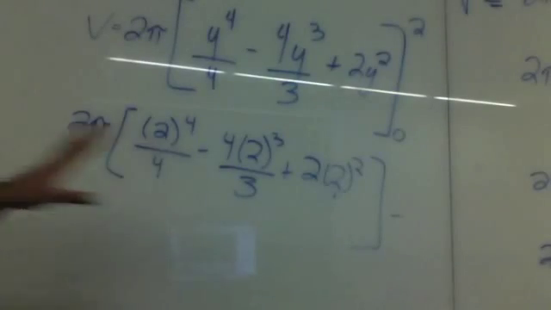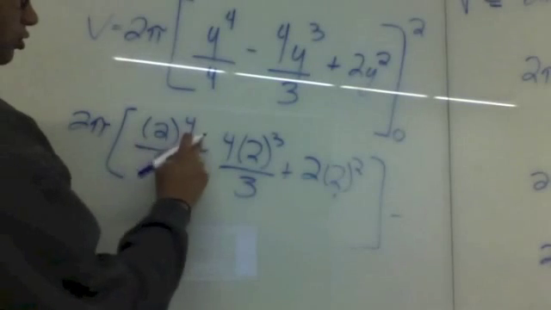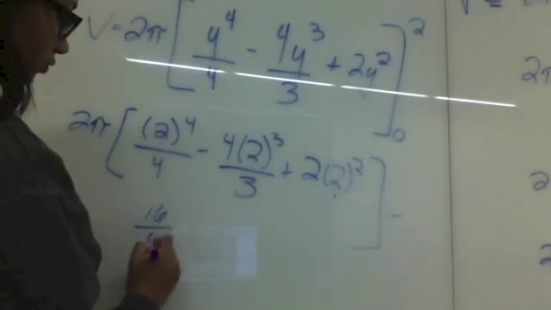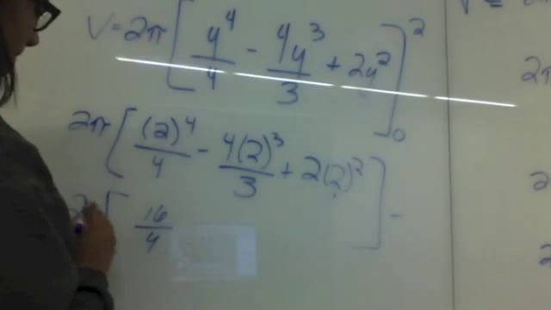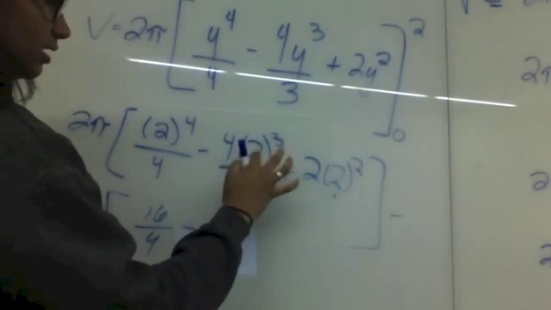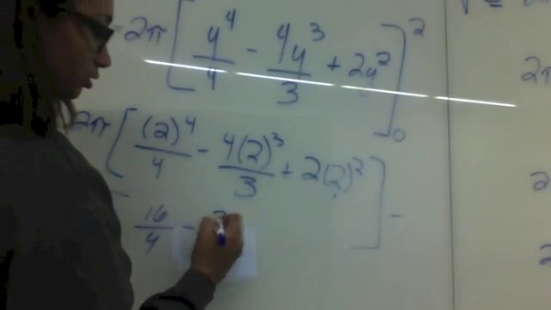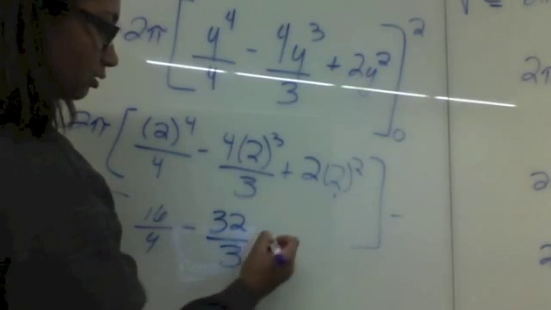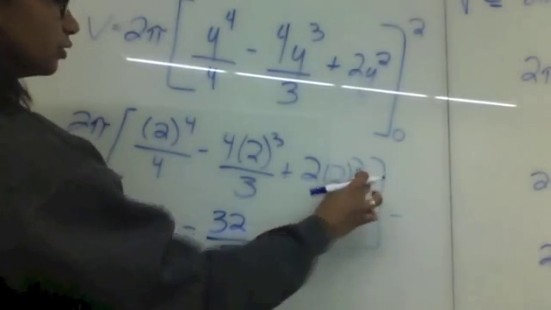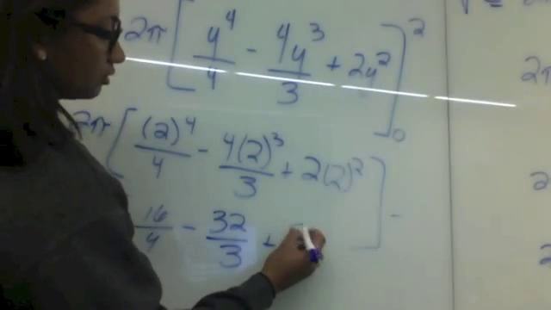And now we just expand everything here. So we know that 2 to the 4th is 16 over 4, minus 2 cubed is 8, 8 times 4 is 32, 32 over 3, plus 2 squared is 4 times 2 is 8.